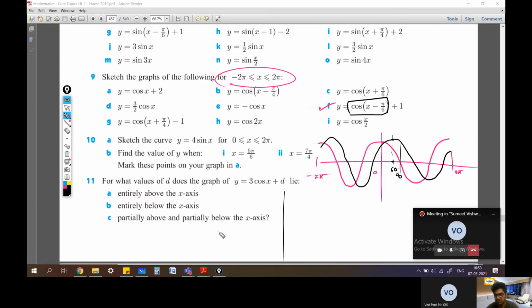That means my actual graph will start from here and look like this. This is my 2 pi. This is my minus 2 pi.